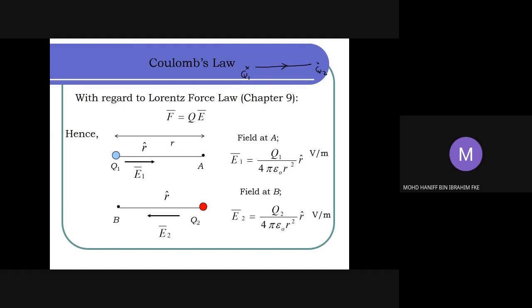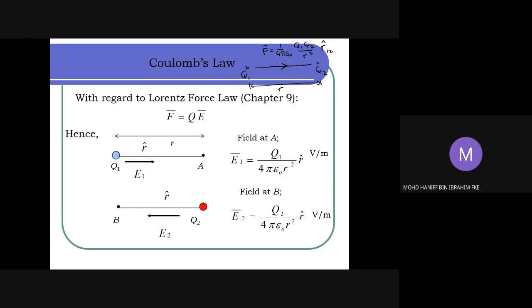So the force F shall equal 1 over 4 pi epsilon naught Q1 Q2 divided by R squared, in which the distance between these two charges is R. Let me sketch that for you. And the unit vector R is from 1 to 2, directed from charge Q1 to charge Q2.